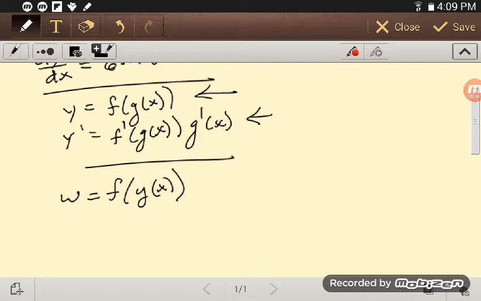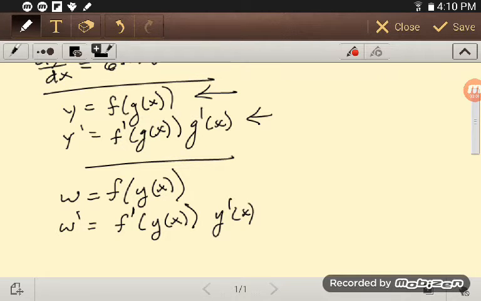And so if you say, well, what's w prime? Well, that's the derivative of that outside function and then times y prime of x.